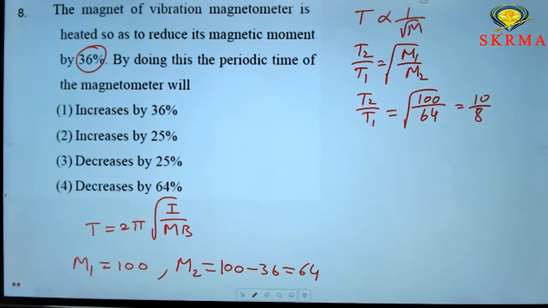Now, what do we have to calculate? The change in time period. 1 minus T2 by T1 equals 1 minus 10 by 8, which equals minus 2 by 8.